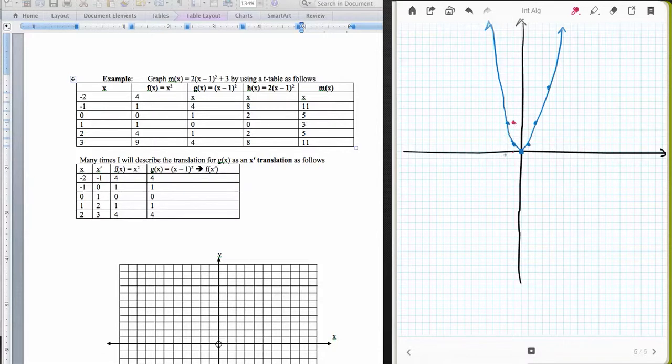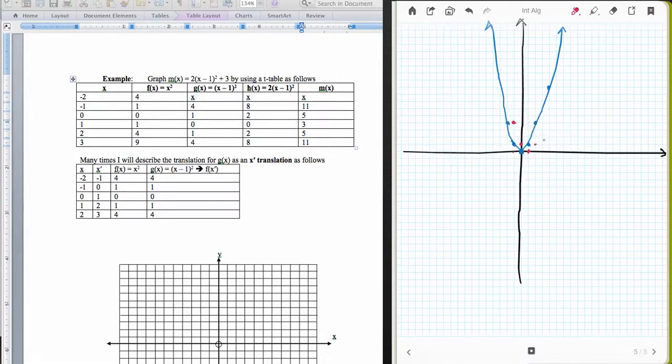And then when x is 0, it's going to be equal to our 1. And then when x is 1, it's going to be our 0. And when x is equal to 2, it's going to be back to 1 again.